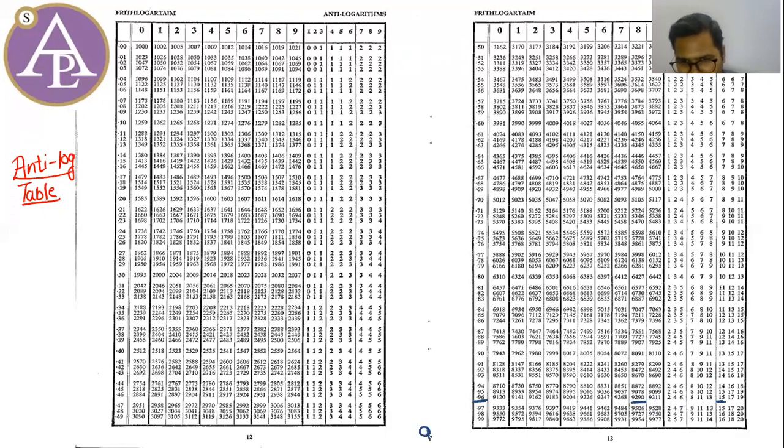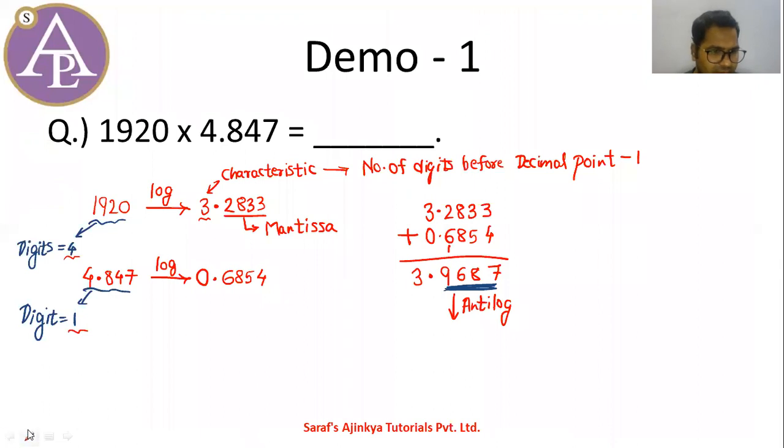I have 9290. This 9290 should be added with the mean difference. This mean difference is 15. So 9290 plus 15. What is 9290 plus 15? It is 9305. So what is my answer? So this anti-log is 9305.